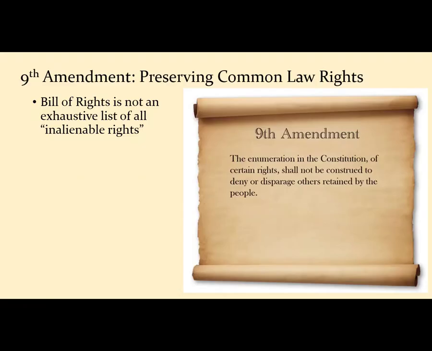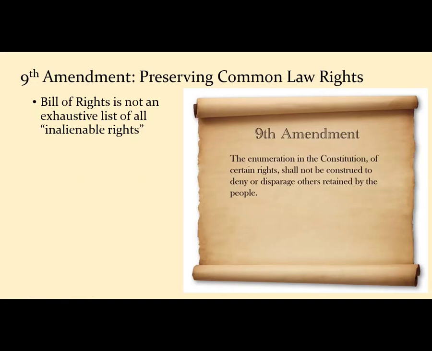Just because we didn't enumerate them in the Constitution doesn't mean that they are less important or that they don't exist at all. It just means they weren't enumerated. They still exist, they'll still receive protection, they just haven't been listed. So we're acknowledging that as a fact. The drafters, the founders of our country, never intended these first 8 amendments to be the end of the story on what rights exist and what rights don't exist.